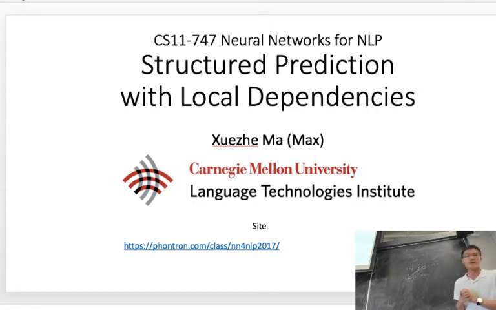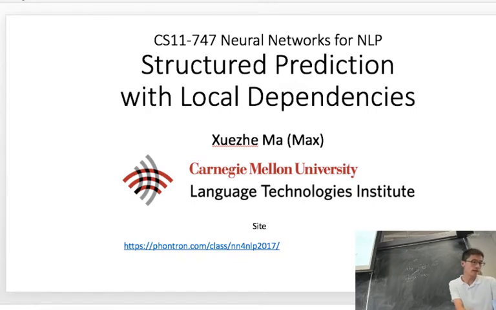In the next section, I will show how we can train the CRF model and how to decode the output from it. In this slide, we first put the formulation of the CRF here. The computation of the numerator is straightforward, and the difficulty is how to efficiently compute the denominator C(x), which is also called the partition function.